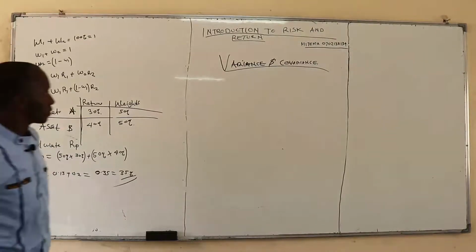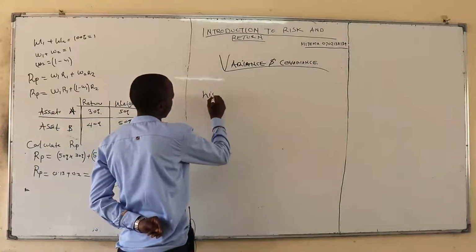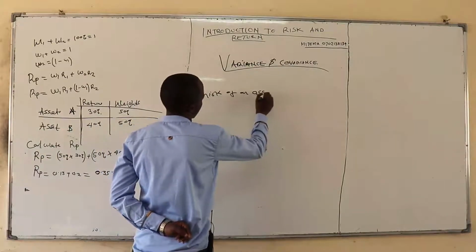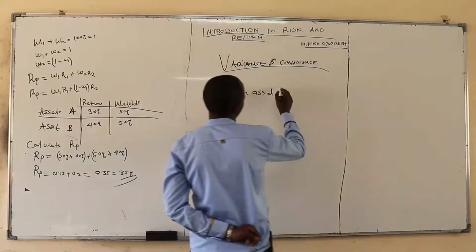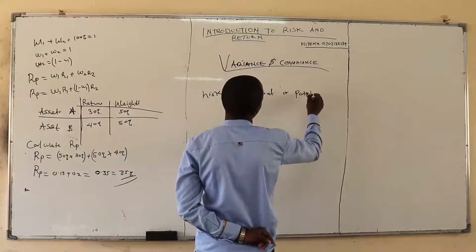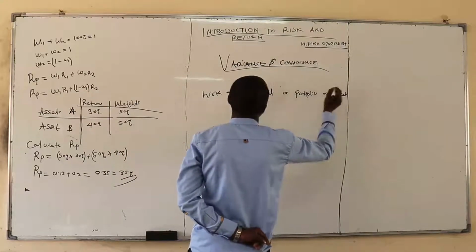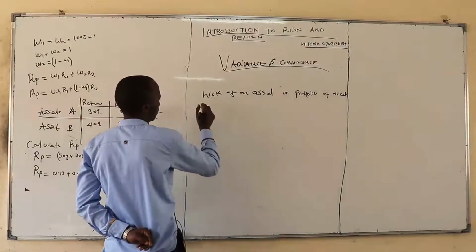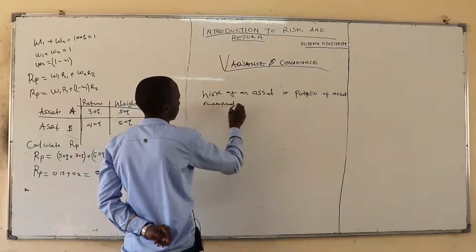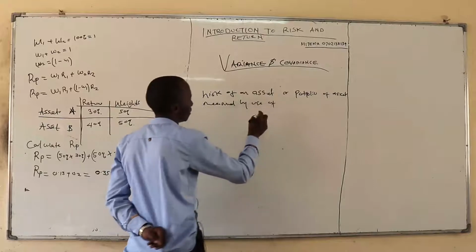So the risk of an asset or a portfolio of assets is measured by use of standard deviation.